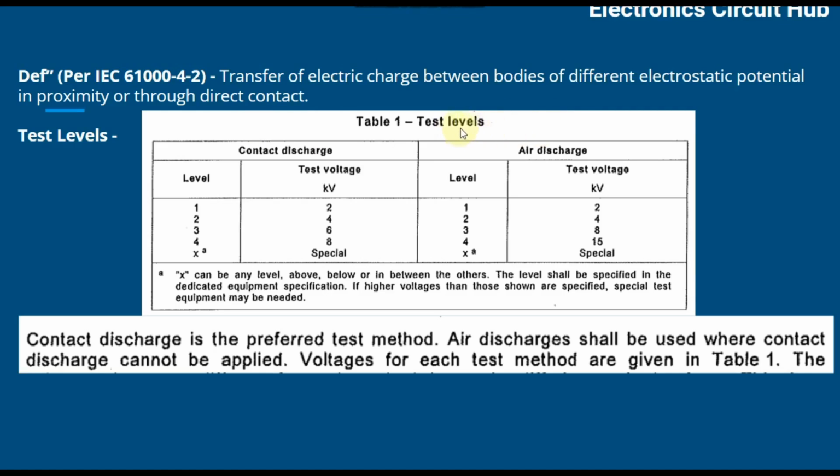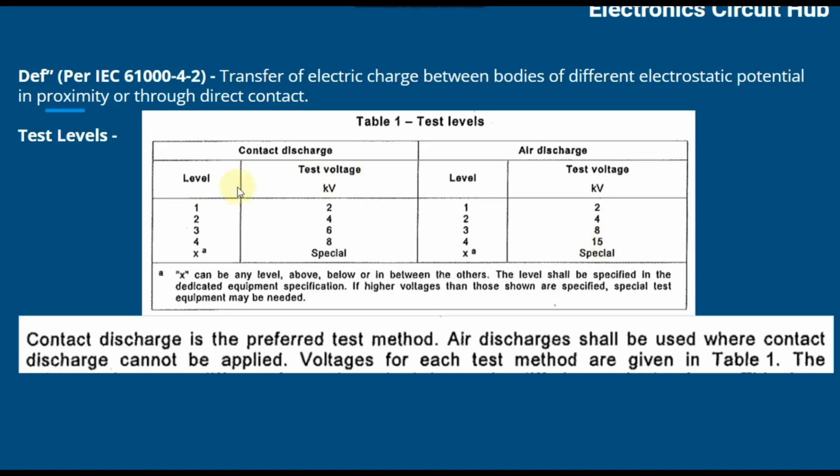And if you look at the test levels of ESD, for level 1 the test voltage for contact discharge is 2 kV, right, and for level 1 air discharge the test voltage is 2 kV. Likewise, for level 4 the test voltage is plus minus 8 kV for contact discharge, and for level 4 air discharge the test voltage is plus minus 15 kV.